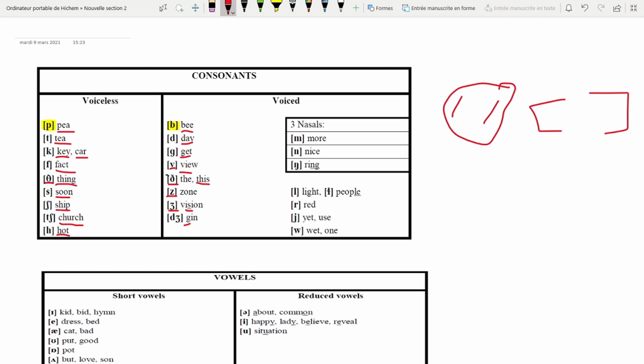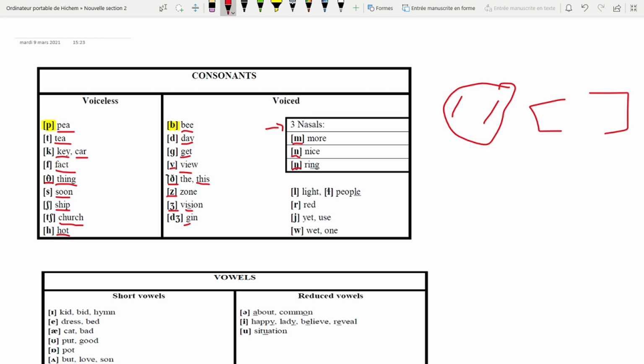We also have voiced consonants such as the nasals. We have three nasals, and all the nasals are voiced. We have m, we have n, and then we have ng. It's very nasal.